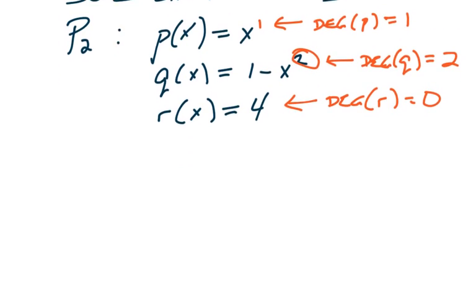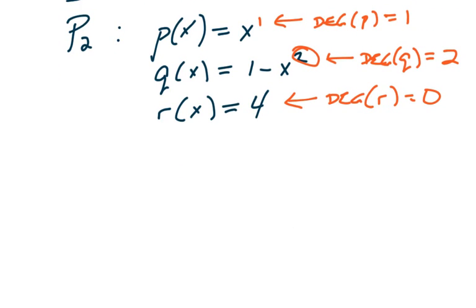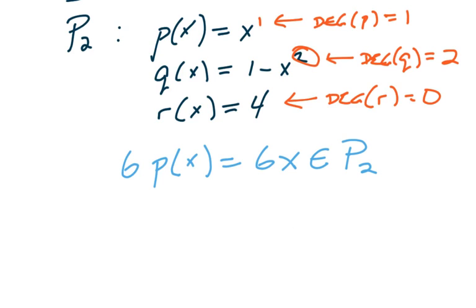And notice that if I were to multiply any of them by a constant, let's say I look at, I don't know, 6 times p of x, well, then I get 6x. And this is still a polynomial of degree 1. So this is back in P2.